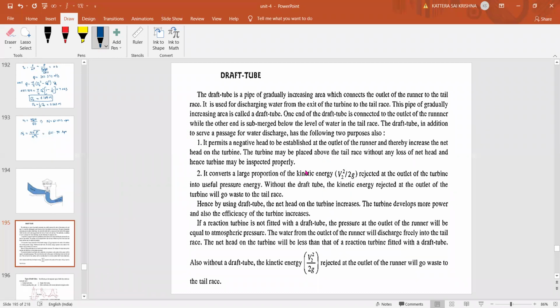Sometimes they ask theory questions also, so we need to know a little bit of information about the draft tube and what its purpose is. This is what I'm going to read.